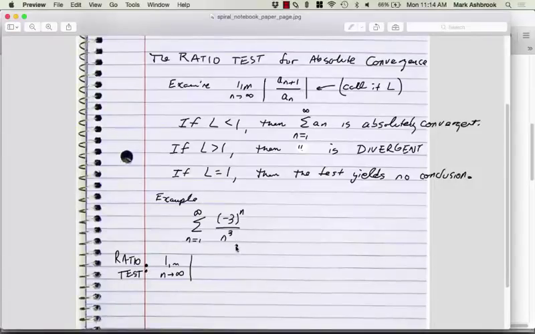And so what is a n plus 1? What is a n plus 1? So this is a n. A n plus 1 is? Right? Yep. Over a n.